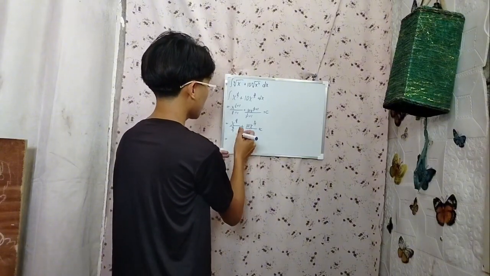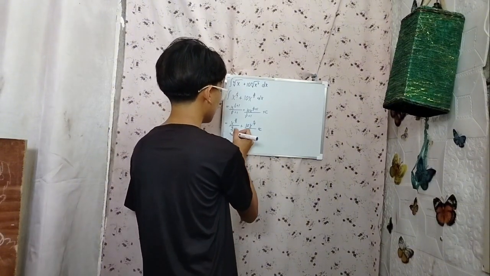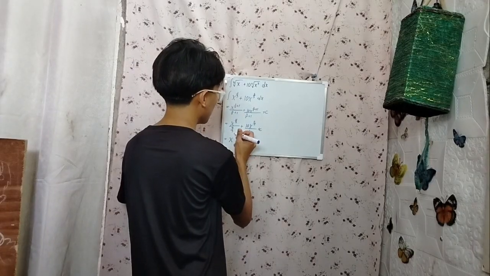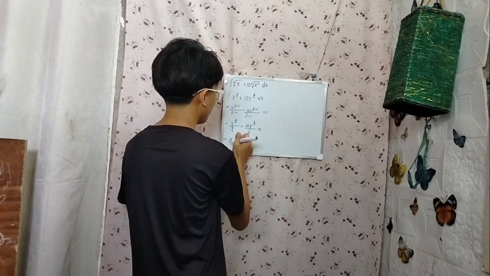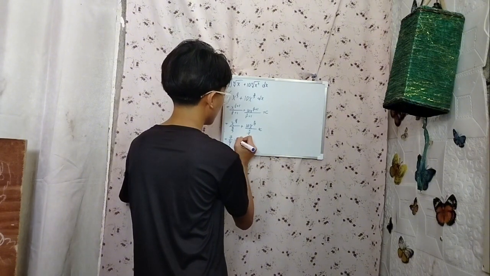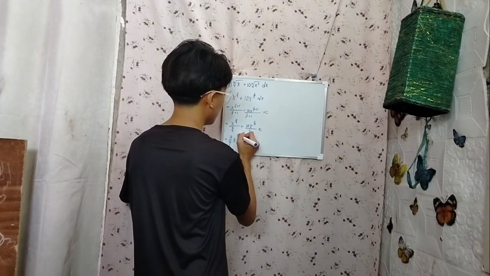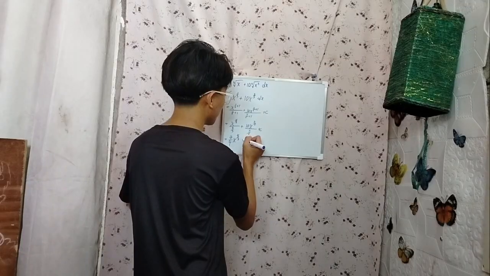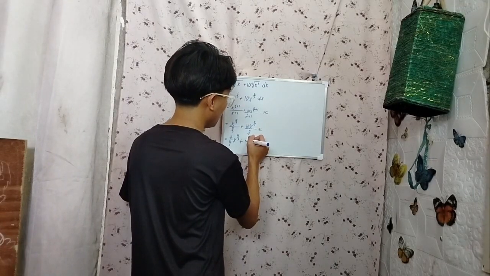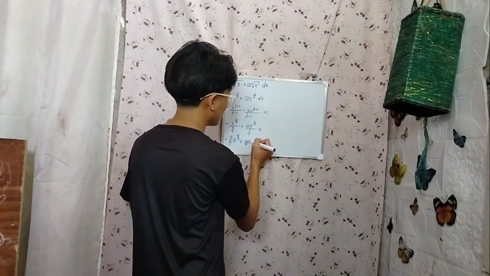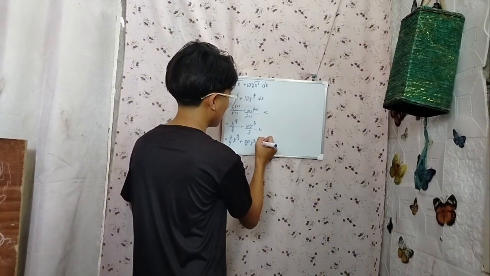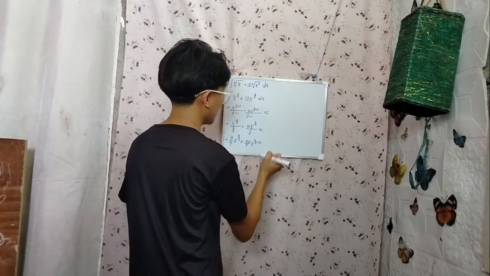So it becomes 3/4 x raised to 4/3 plus 50 over 8 x raised to 8/5 plus c.